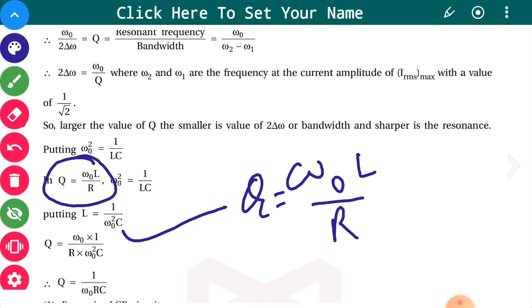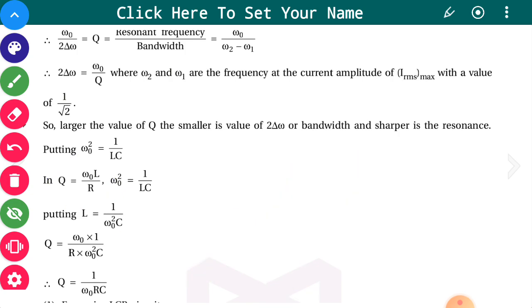Now if you have this, for example omega 0 is 1 upon under root LC.